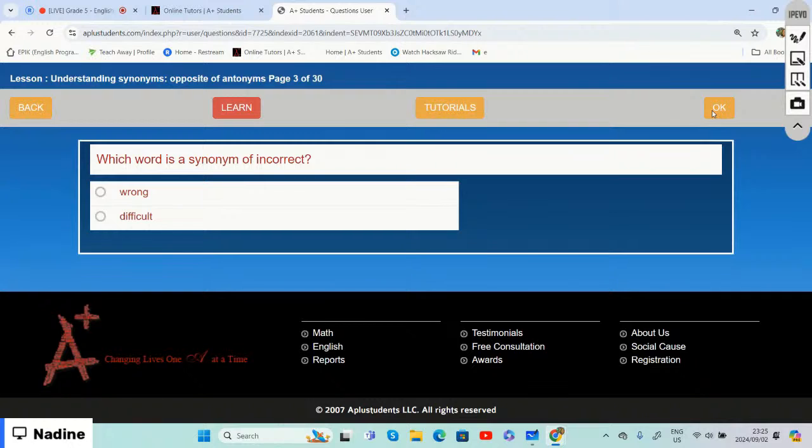We need to say which word is a synonym or the same as incorrect.